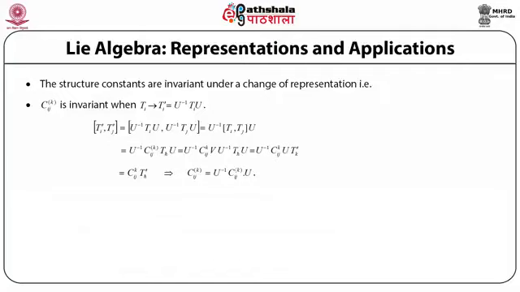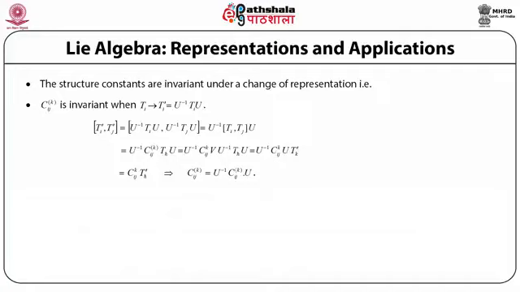That is, the structure constants C_ij^k are invariant when the generator Ti is transformed to Ti' by a unitary transformation U^-1 Ti U. To see this, let us consider the commutator between these transformed generators, namely [Ti', Tj'], which is equal to [U^-1 Ti U, U^-1 Tj U], which is equal to U^-1 multiplied by the commutator [Ti, Tj] into U, but the commutator [Ti, Tj] is equal to C_ij^k Tk.